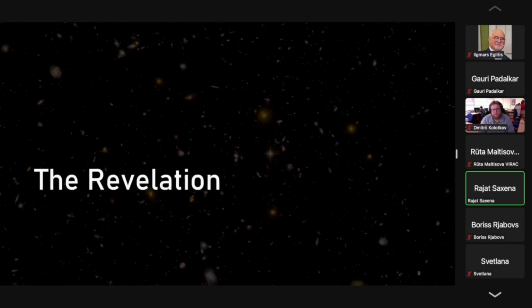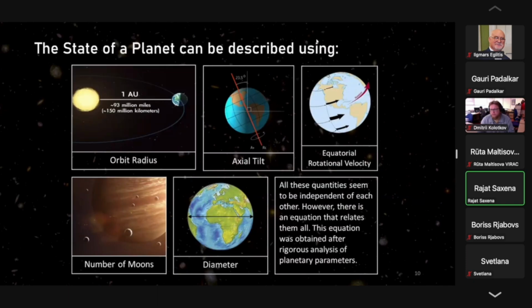Moving on to the main highlight of this work, the so-called revelation. The state of a planet can be described using a few quantities, namely the orbit radius, which is the distance between a planet and the sun; axial tilt, which is the angle between the normal and the rotational axis; the equatorial rotational velocity, that is the velocity with which the equator of a planet is moving; the number of moons, which is quite self-explanatory; and then we have the diameter.